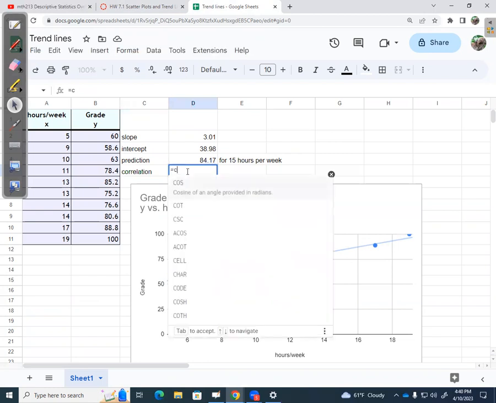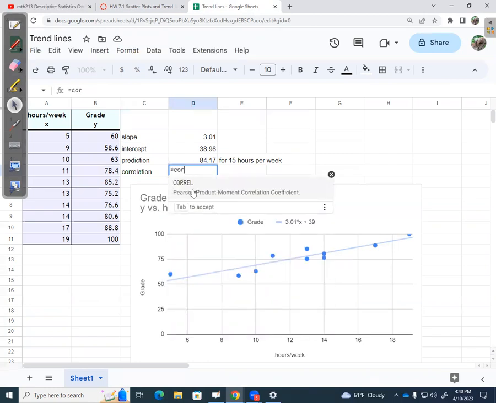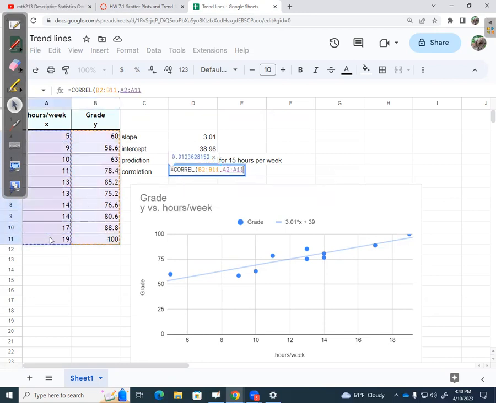So if I go equals and start typing COR, there's a correl, which is the correlation coefficient. I'm just going to select that. And like the other intercept and slope, it wants the y data first, comma followed by the x data. And we just select the numbers, not the titles. So this has a correlation coefficient of 0.9, and 1 is as high as you can get. 1 means they perfectly line up. These didn't perfectly line up, but this says it's a relatively good linear fit, is what that tells you.